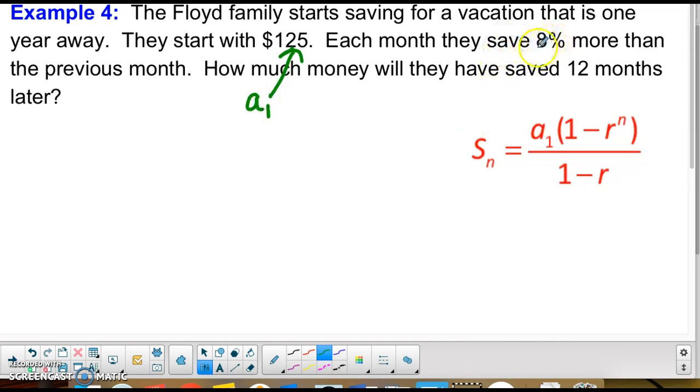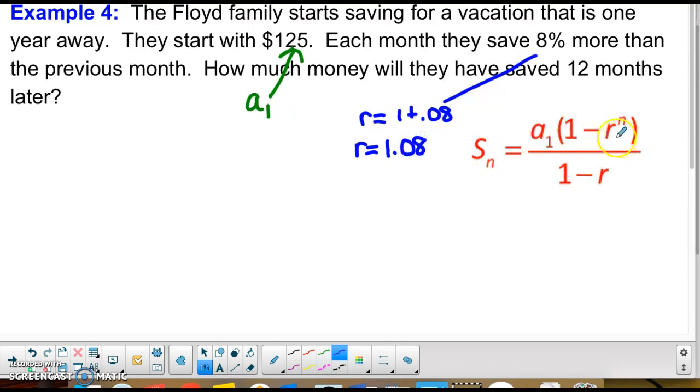If we save 8% more than we did last month, then our multiplier is actually going to be 1.08, like we did in the previous unit. So 1 plus 0.08. So R is 1.08.